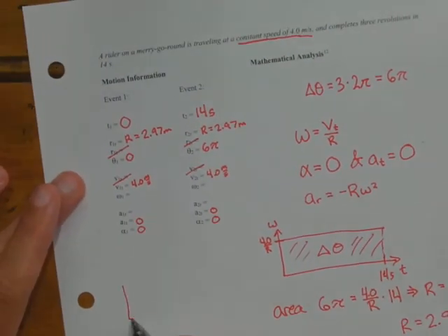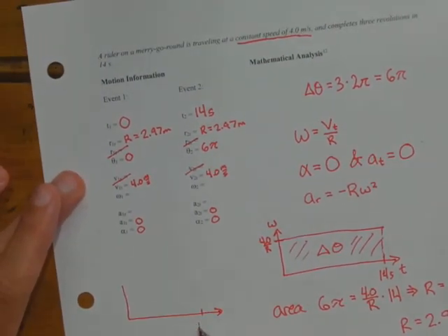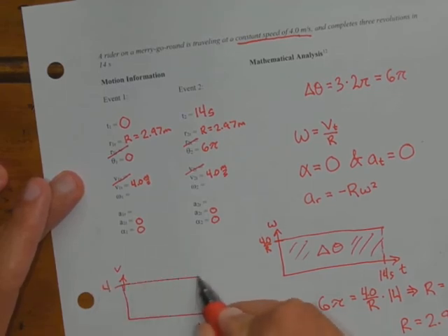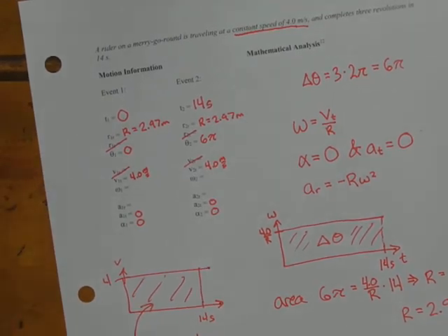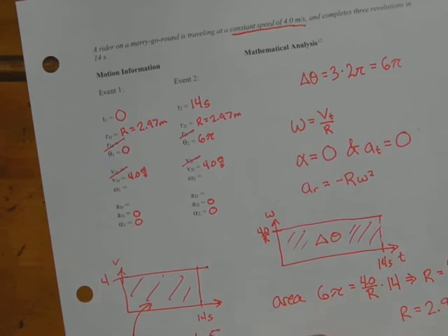If you did 14 seconds with a velocity of 4, this area is equal to 14 times 4, and that is 56.